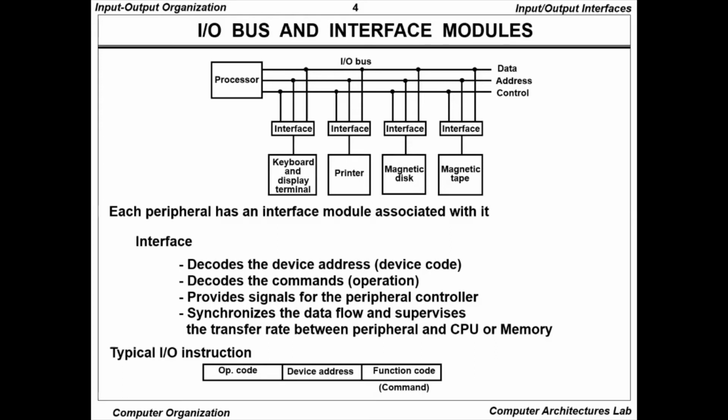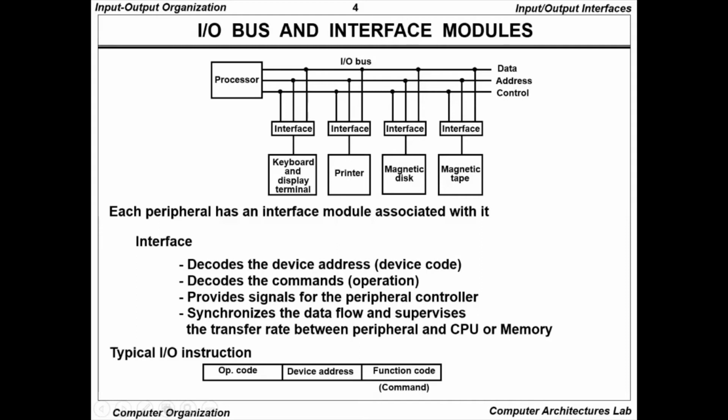We need an interface. We have the keyboard and display interface, then printer interface, then magnetic disk and magnetic tape. Everything is connected with the processor through the input output bus. The processor is not directly connected to all the interfaces. In the motherboard we have bus lines, input output bus lines, and from the bus lines we have the connections.